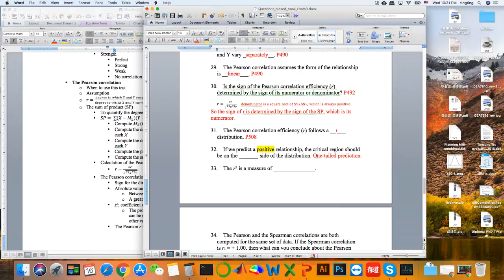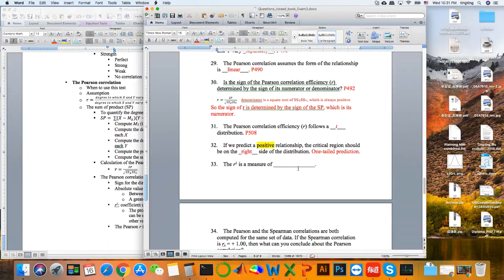So for a t-test, if it's a one-tailed prediction and we predict a positive value, it means for the t distribution, right? Because R follows a t distribution. For a t distribution, the positive value is the right side of the distribution.